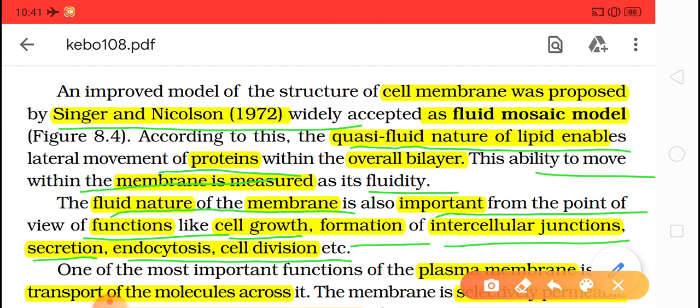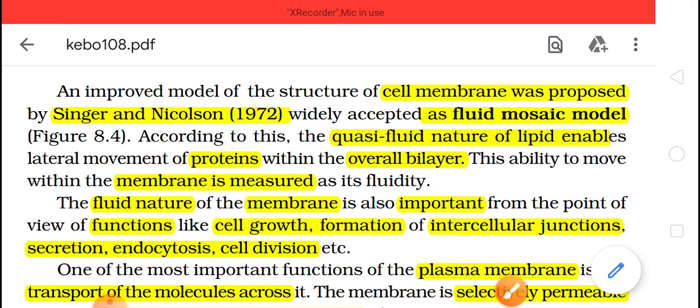One of the important ones here is endocytosis. Endocytosis is a special feature of the plasma membrane in which the plasma membrane adjusts itself for the ions or molecules. The ions and molecules can easily enter into the plasma membrane, and this process is called endocytosis.